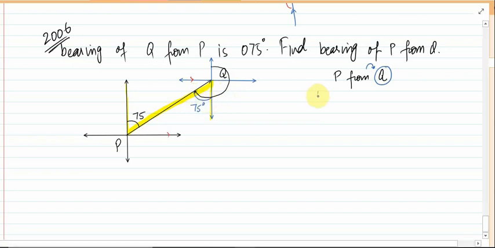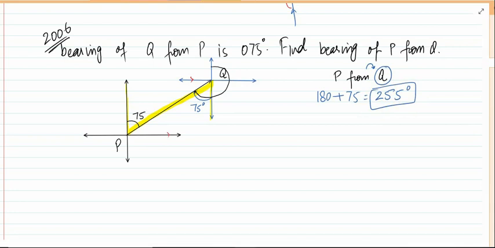So it will be 180 plus 75, which is approximately, I guess, 225, but let me check. 180 plus 75 gives the value of 255. So that is the bearing of P from Q, right?